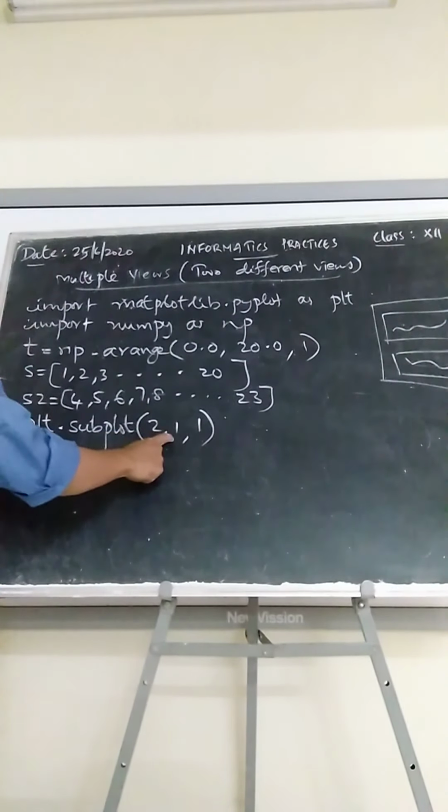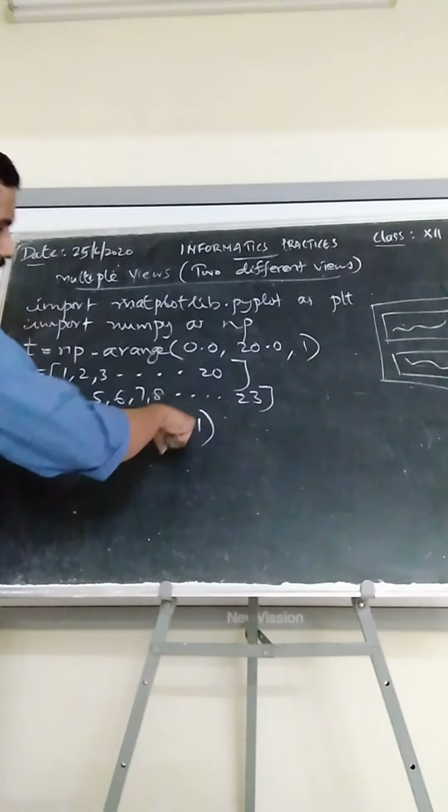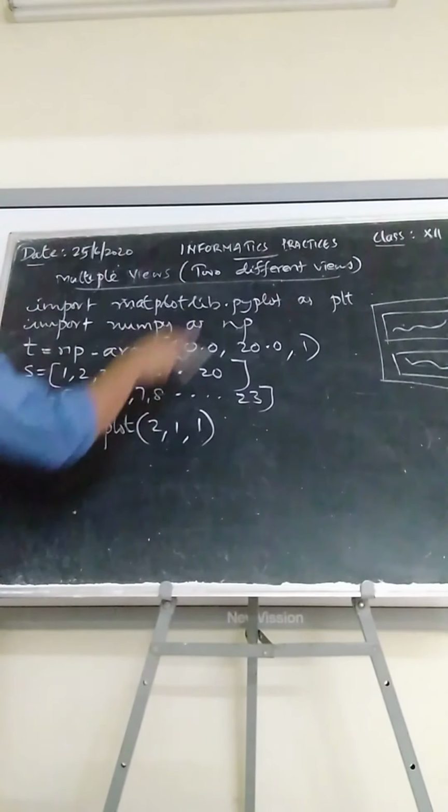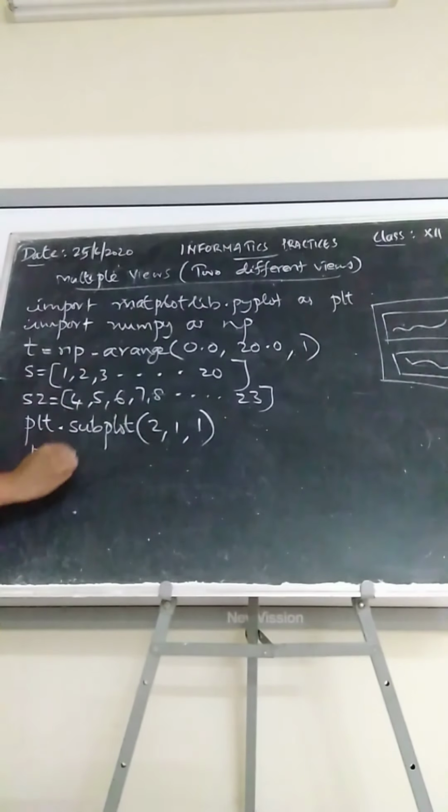One internal plot, another internal plot. So total two plots, one here and one here. So that is the meaning of 2, 1, 1. And now we will plot it. Subplot is created.